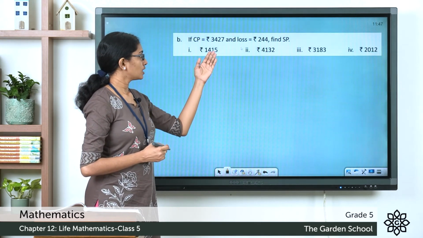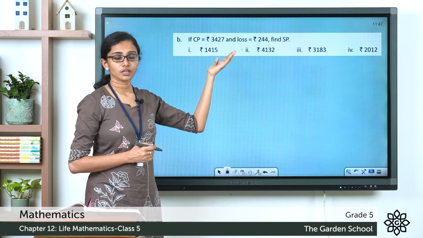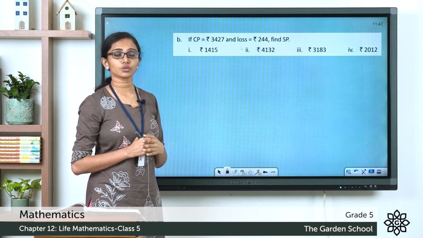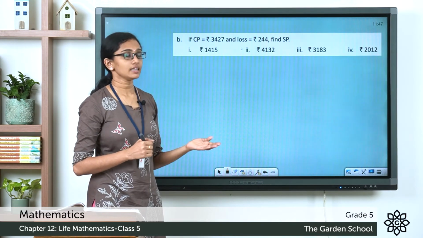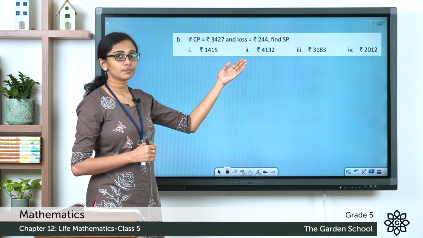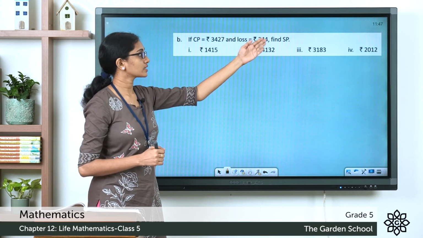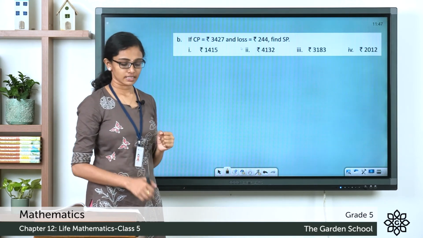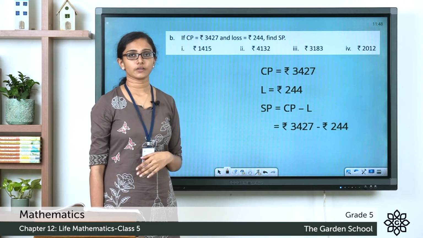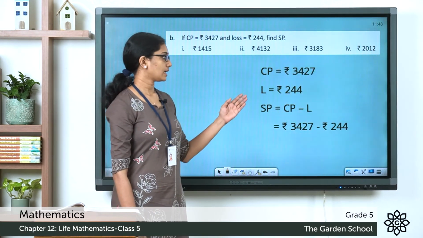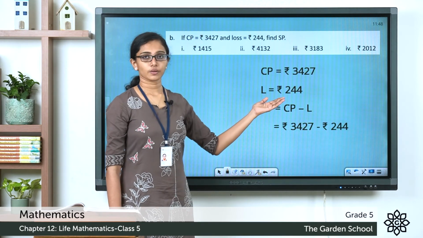See, for it to be a loss, the selling price should be less than the cost price. So something should be taken away from the cost price, and that is the loss. Subtract the loss from the cost price and you get the selling price. Let's see the steps. The cost price is equal to rupees 3,427 and the loss is equal to rupees 244.